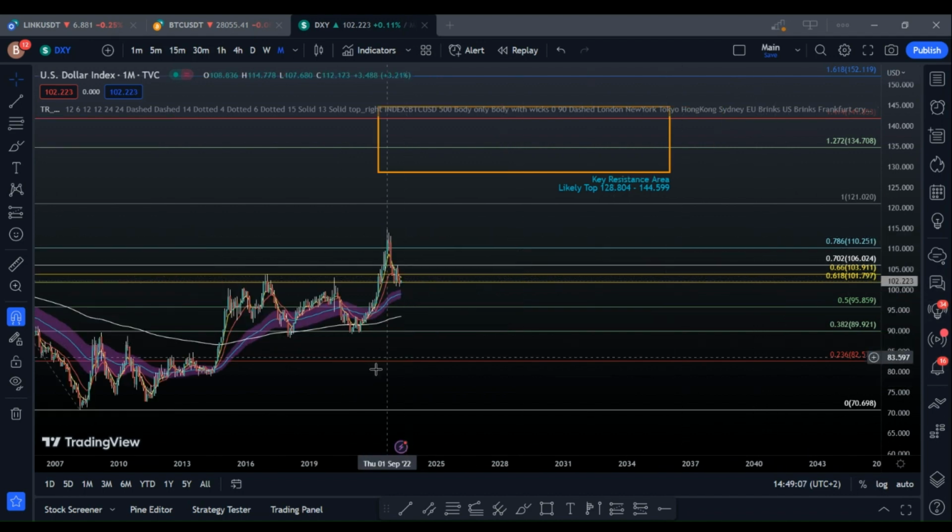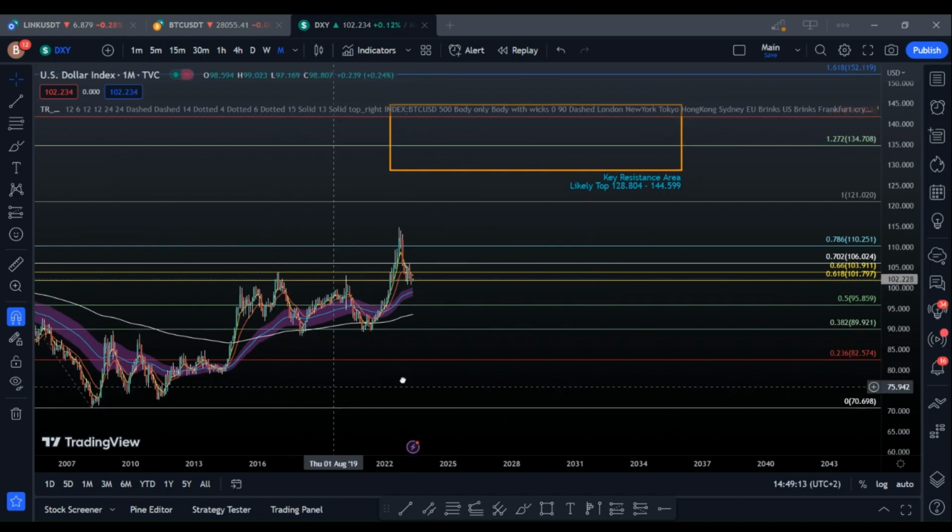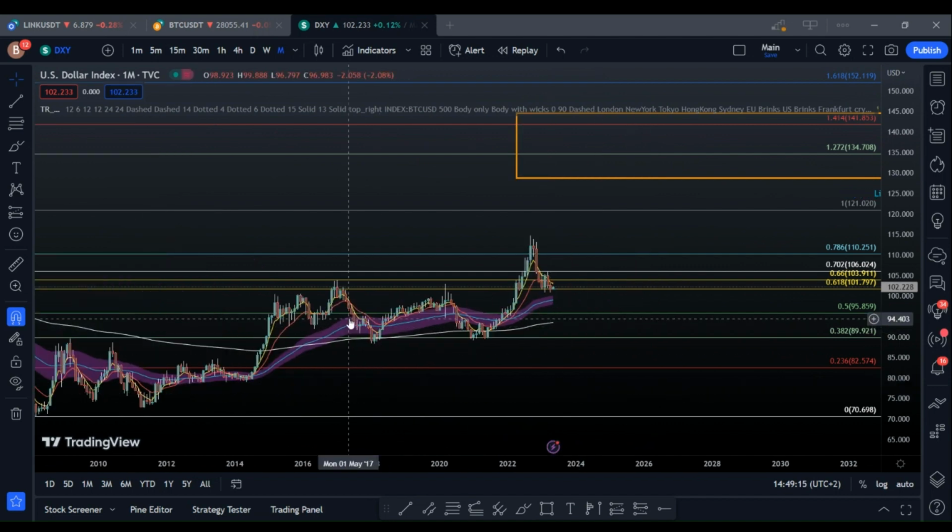However, when the US dollar dominance index goes down in value, it's very good for stocks and cryptos, as we can see historically in the 2017 bull run, which was amazing, where the DXY went down, as well as the 2020 and 2021 bull run we had. So, basically, when the DXY goes down, it's very good for crypto and stocks.